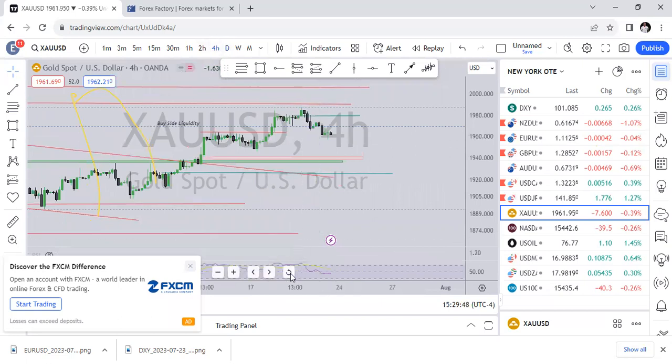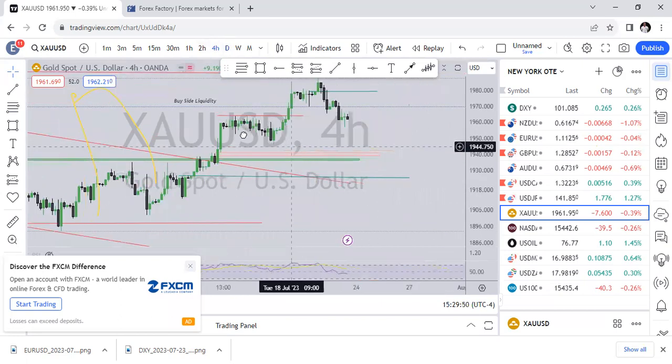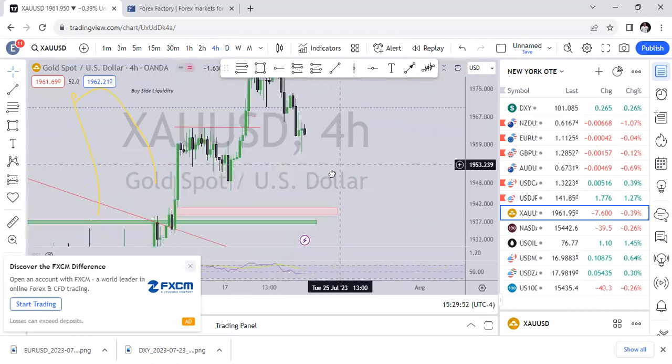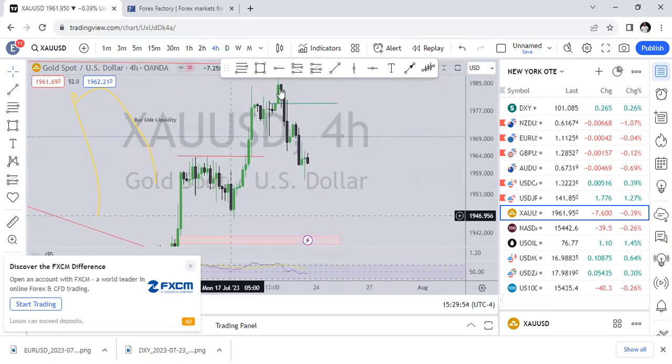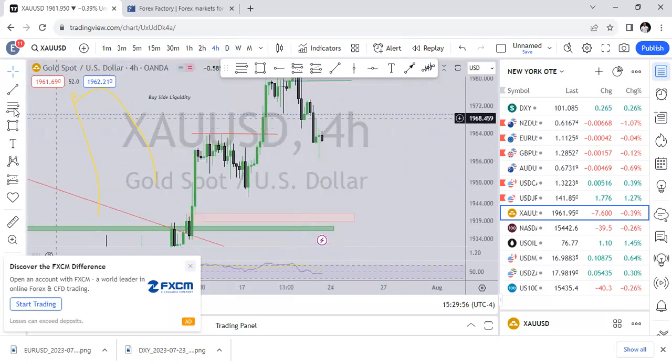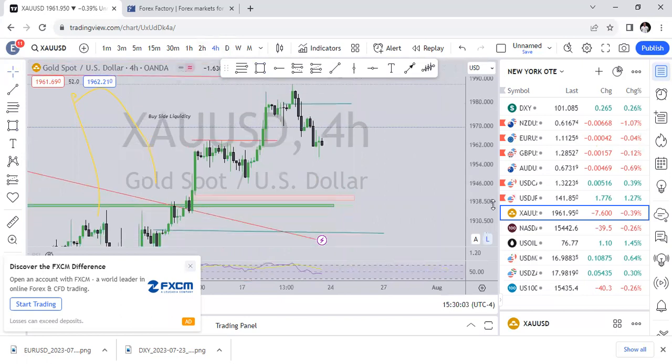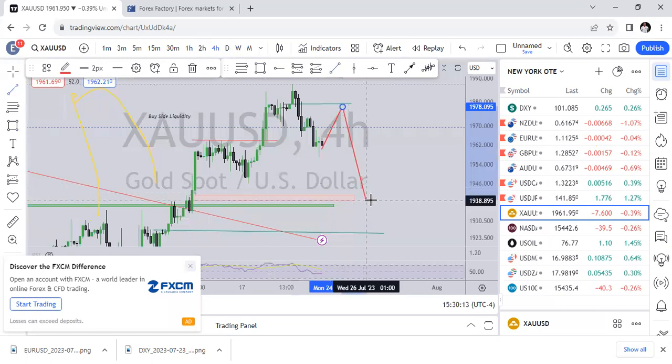So if you trade gold, we had this push up here. The expectation for this week is I want to see gold pull back, then return back to this point here.